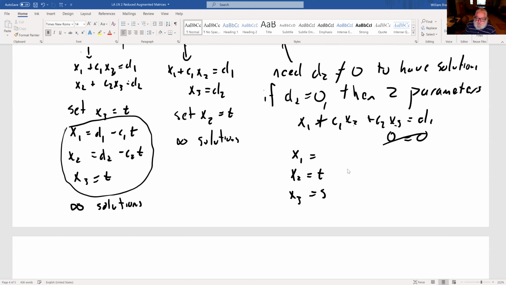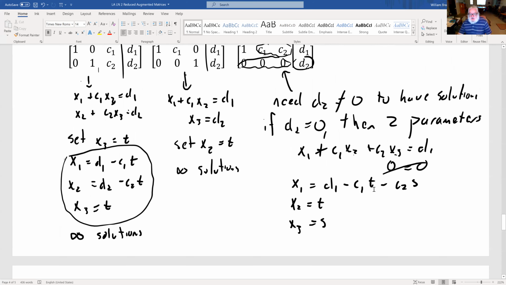And then X1 equals D1 minus C1 T minus C2 S. And there's our solution. We can write it as a vector. Well, we have 2 parameters there.